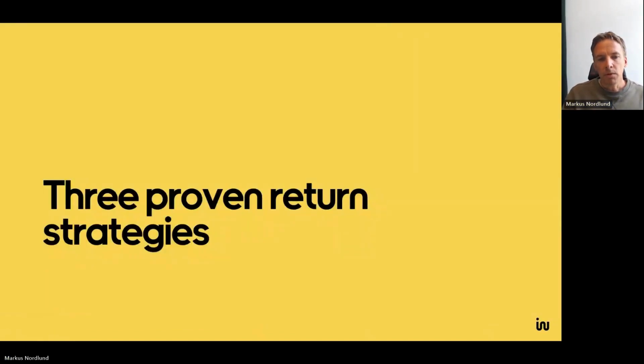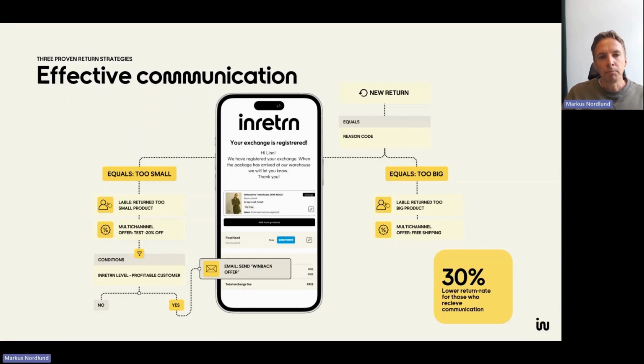that are really powerful. The first thing is the effective communication part. And the important thing here to understand is this is not only the communication and all the touch points that are created within the returns, exchange, and claims process, meaning all the touch points that happen in the after sales process.